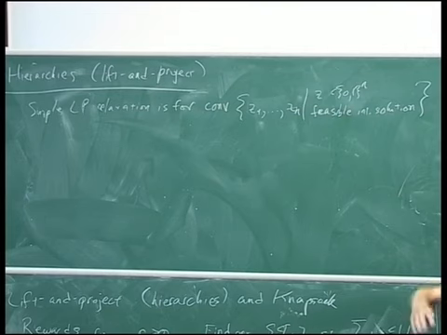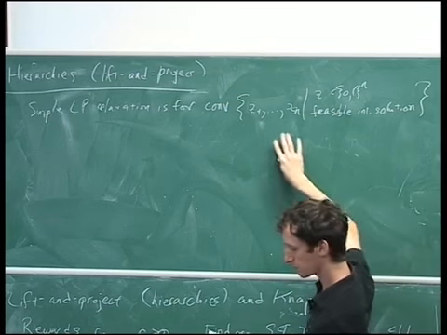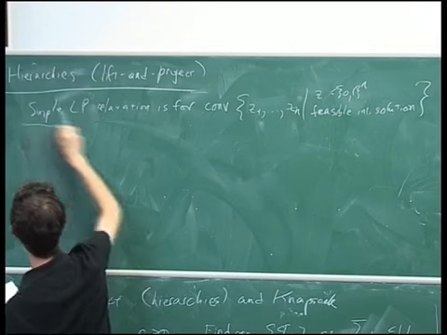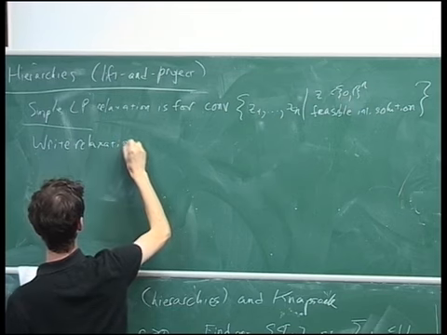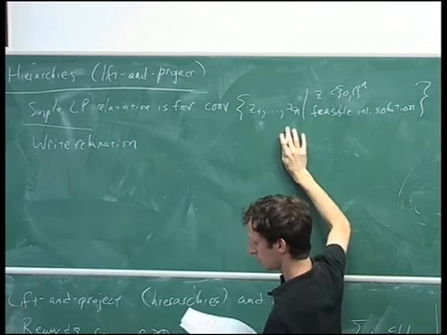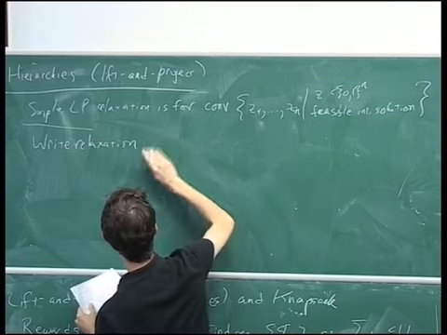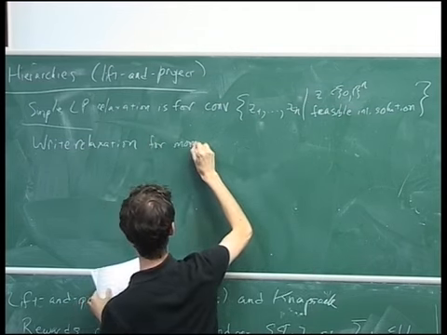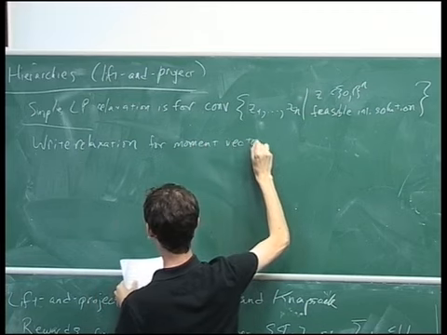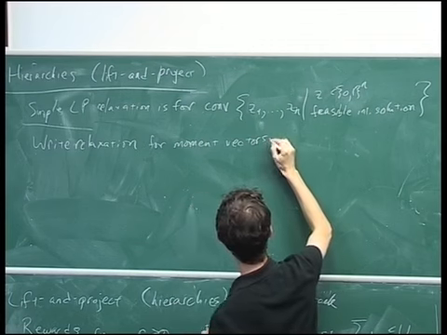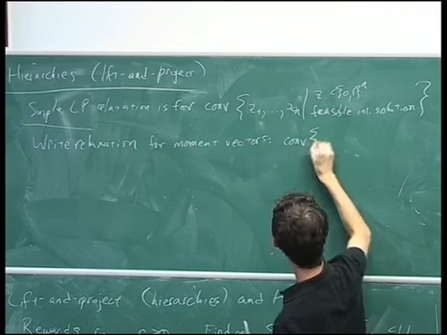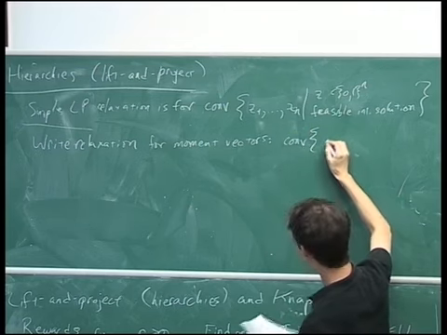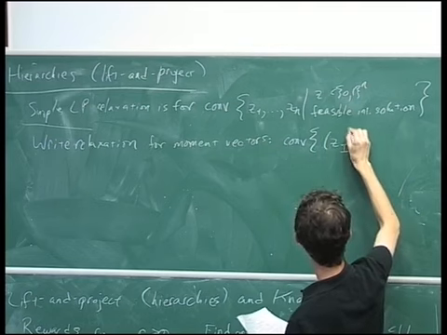So instead of this, what we'd like to do is extend this to look at more variables. Obviously, we don't just have arbitrary variables, but something that's a function of this. So what we do is we write a relaxation not for this, but for moment vectors. Now instead of having something in the convex hull of these points, we have something in the convex hull of, so I'm going to write this as z_S.